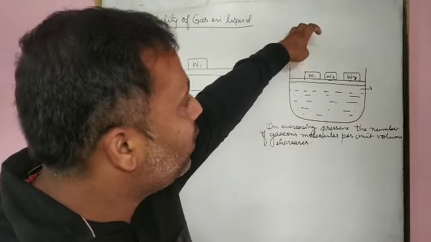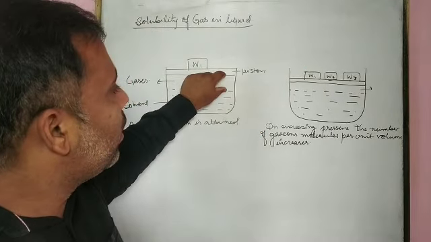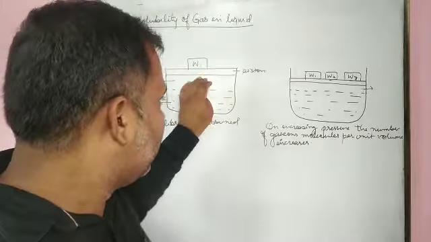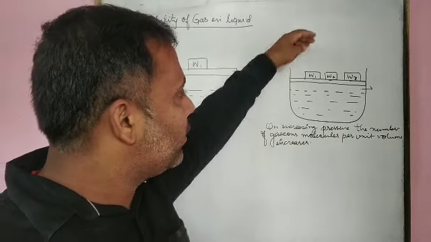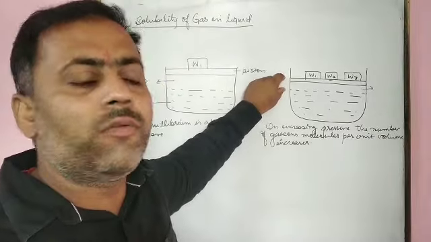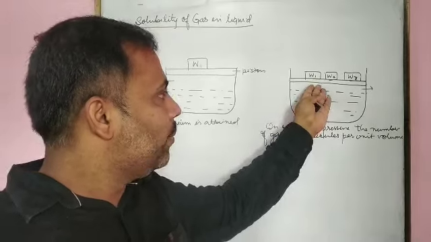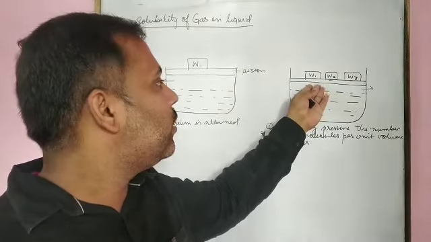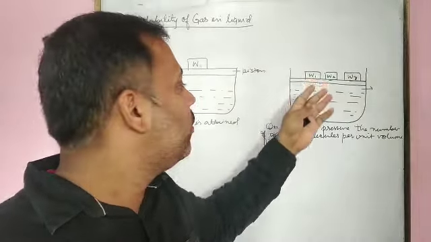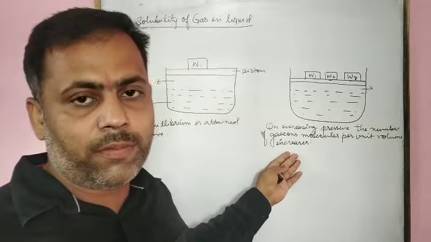Here is such an amount of volume and the same gas is here, but by increasing pressure we decrease the volume. By doing so, the number of gaseous molecules per unit volume increases.